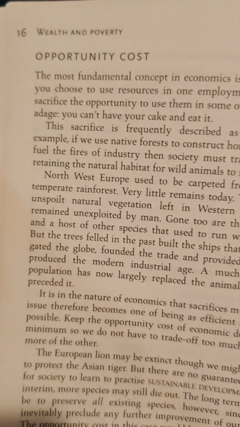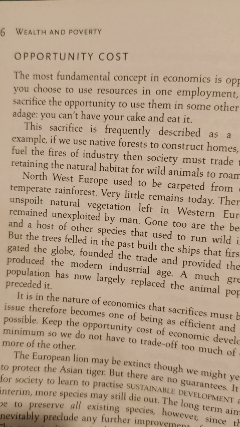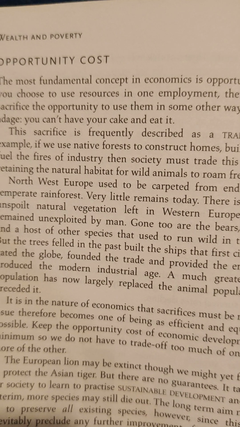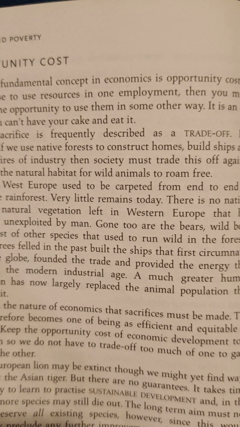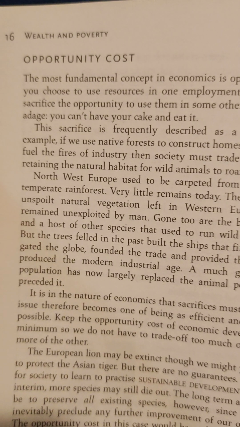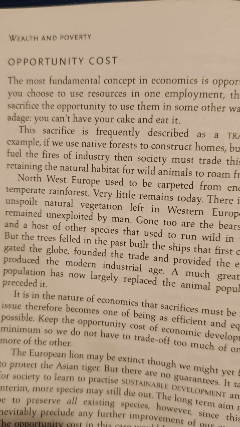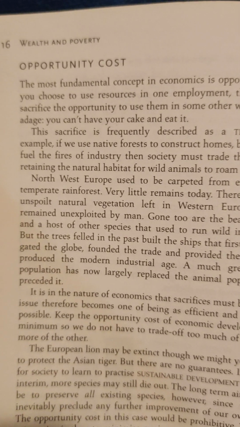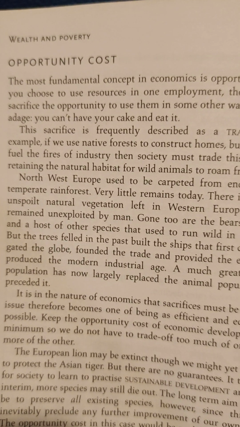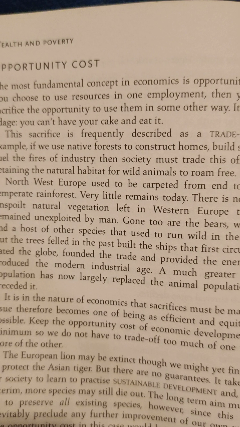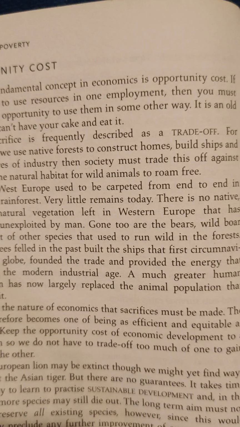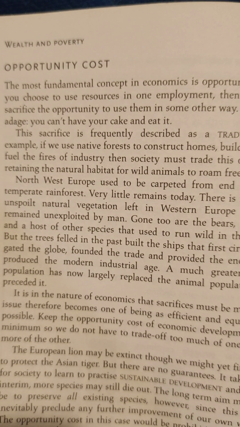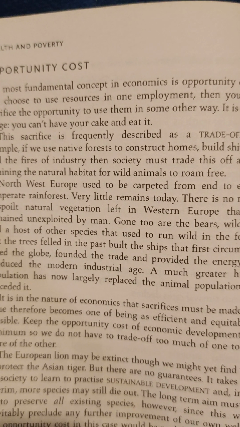It is an old adage, you can't have your cake and eat it too. This sacrifice is frequently described as a trade off. For example, if we use native forests to construct homes, build ships, and fuel the fires of industry, then society must trade this off against retaining the natural habitat for wild animals to roam free.